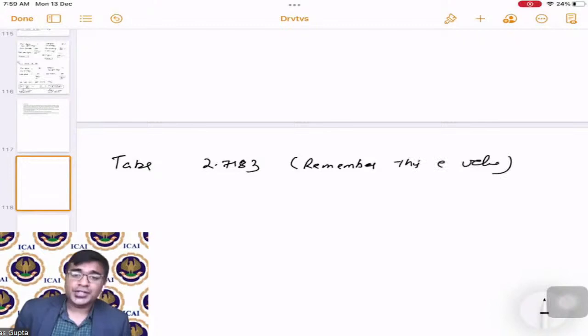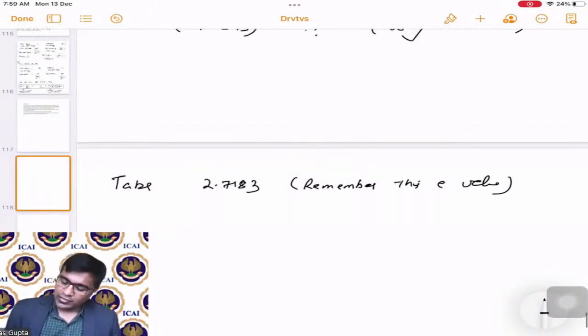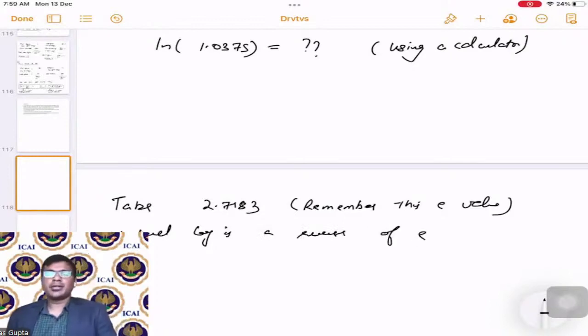E is always constant, and the value is 2.7183. And why are we taking E? Because natural log is the reverse of the exponential function, correct? So first of all, we will take E, which is 2.7183.